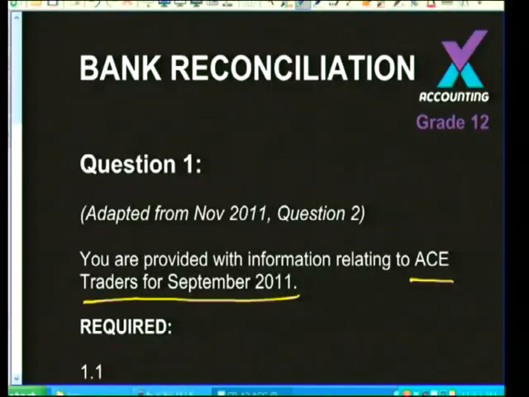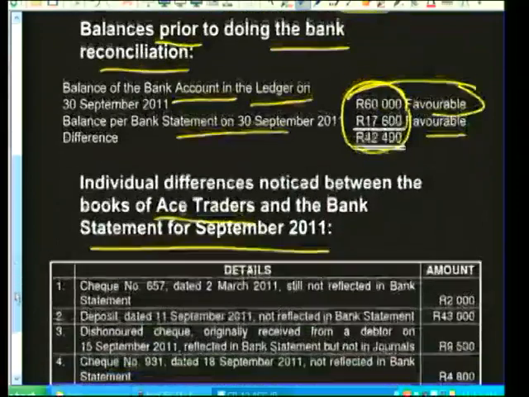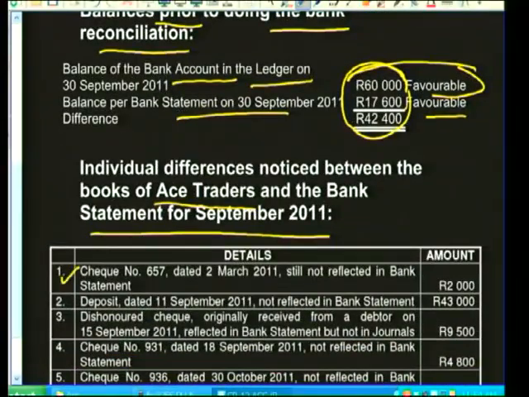Okay, quick recap. We're busy calculating the bank balance based on what information was given to us. The first one, there was a stale check that we identified, and therefore we dealt with it like we were supposed to deal with it. That's that one there, done with.